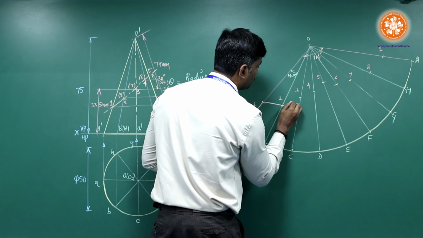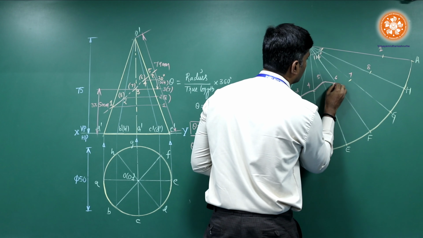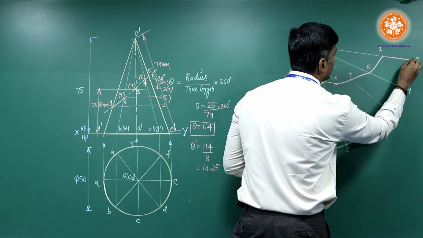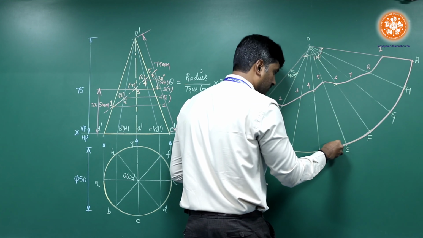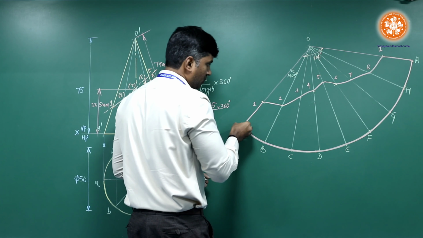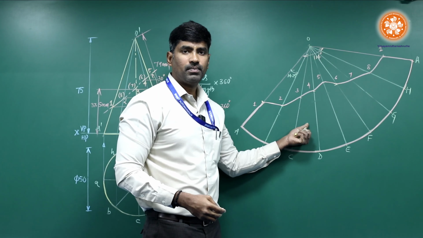In the cone, make sure that the development part should be joined with a smooth curve. So you need not use any scale. Just draw this with a smooth curve. This is the beauty of this particular cone. So this dark region gives the development of cone.